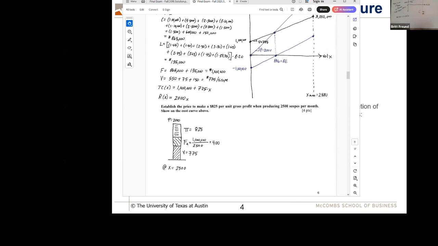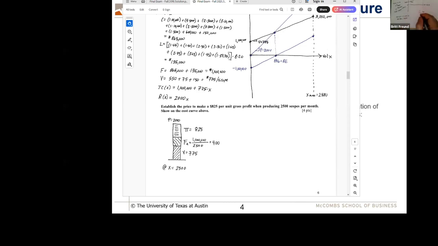It always has to be a true statement. So let's just fill in what we know. What's the EBIT that we want to make at what volume? Well, we want to make $825 of EBIT per scope if we sell 2,500 scopes. So now we know the EBIT side of this equation. Do I know my fixed costs? Yes, I calculated them up here.